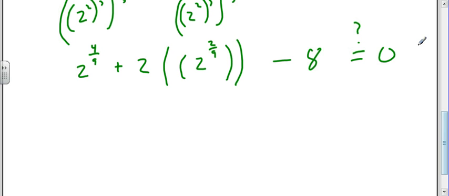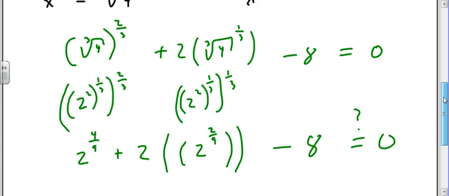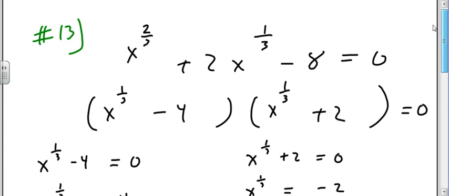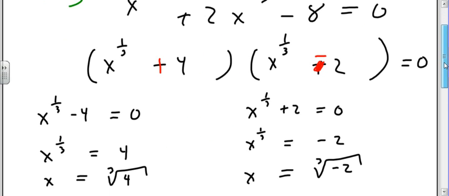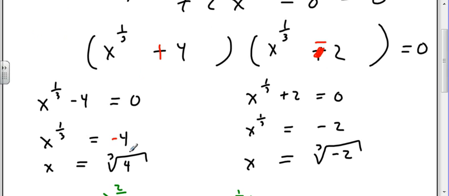No, that ain't right. So, what did we do wrong? Factoring. The factoring was wrong? Yeah. X to 1/3, 1/3. Oh yeah, right there. I got to be plus and I'm going to be minus. Okay, so this is a plus sign and this is the minus sign. So this is going to be minus 4.